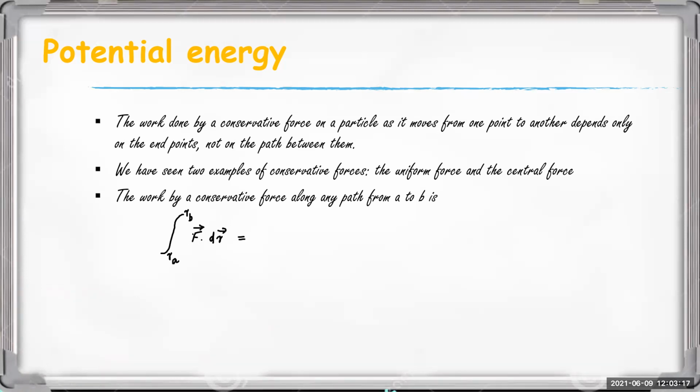When we substitute the value of the given force and after integration, we will get two terms. The first term will be a function of the upper limit and the second term will be a function of the lower limit.